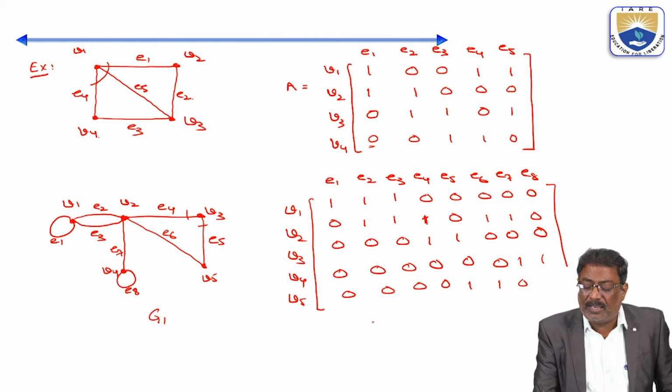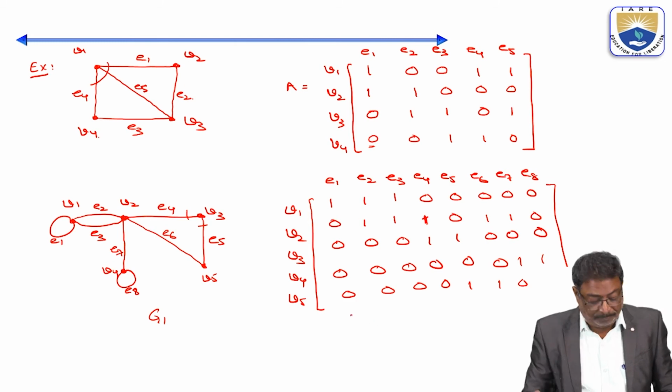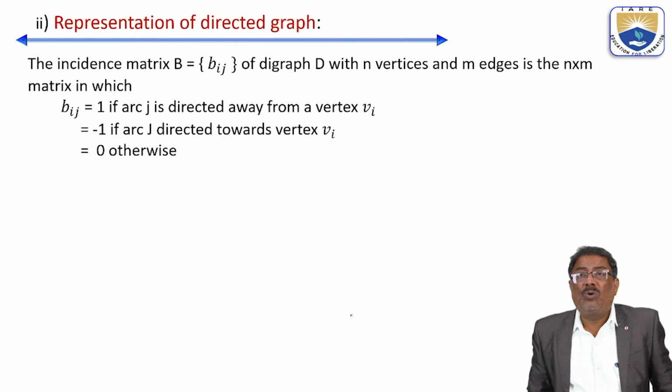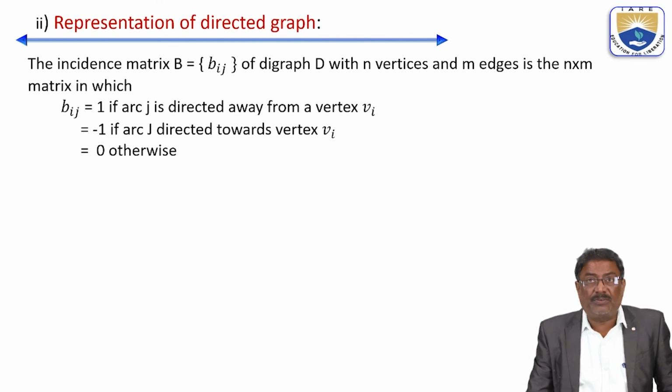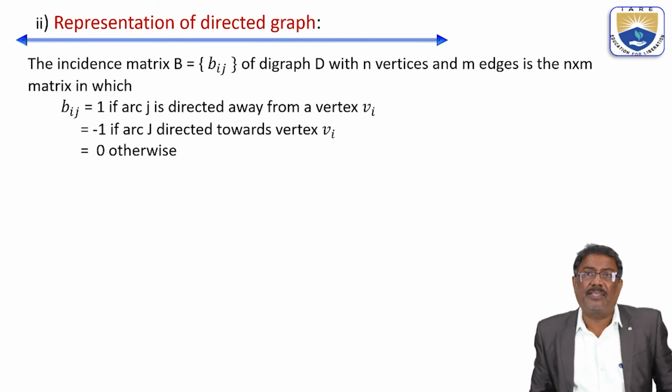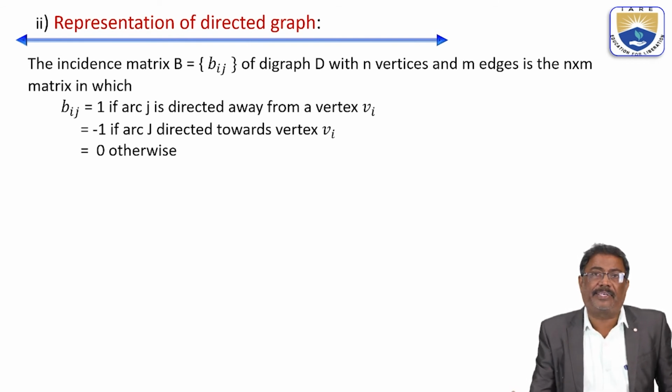For that, the corresponding incidence matrix is this. Now go for the next one, the directed graph. So this was the incidence matrix for the undirected graph, and now this is the directed graph.